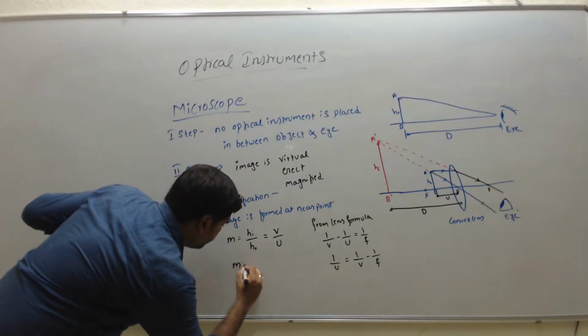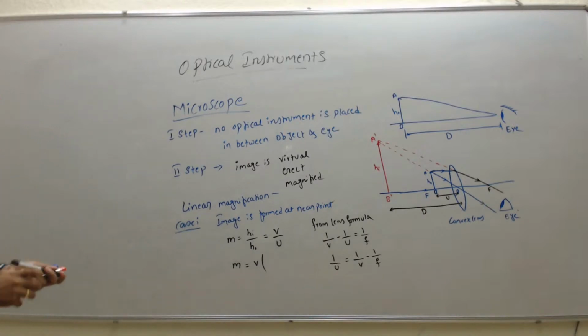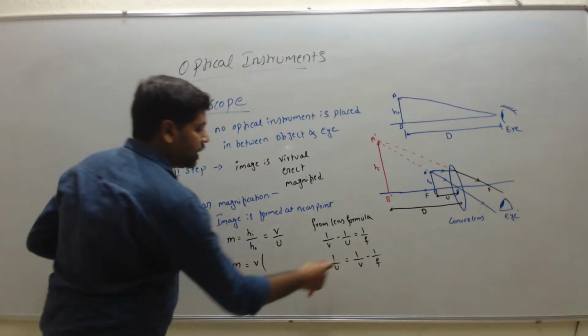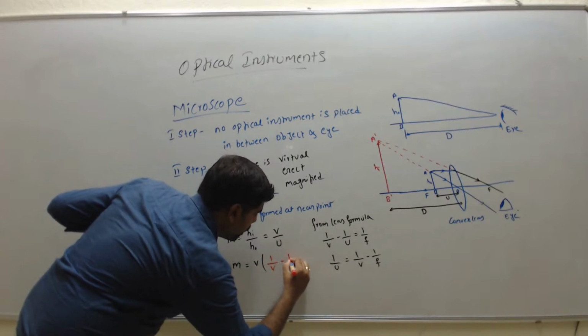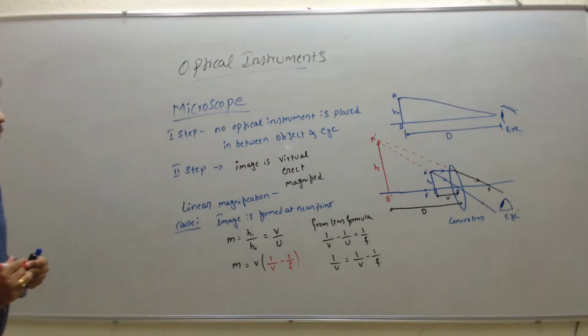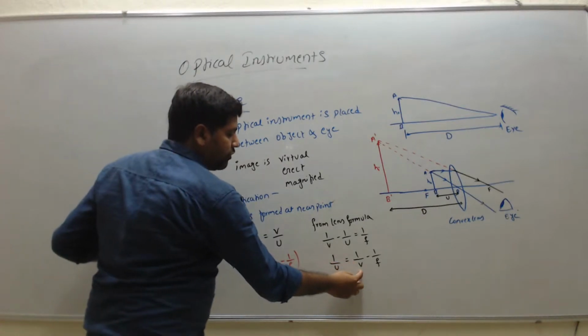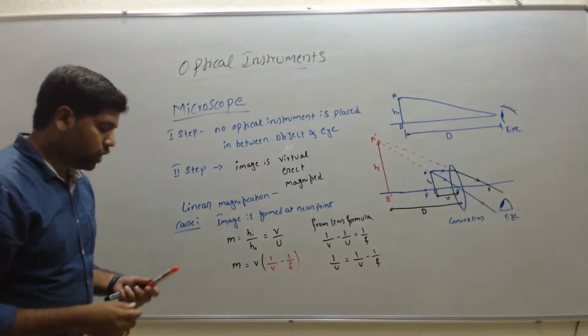That is, M equals V into 1 by U, that is V into (1 by V minus 1 by F). So the value of 1 by U is 1 by V minus 1 by F from the lens formula.